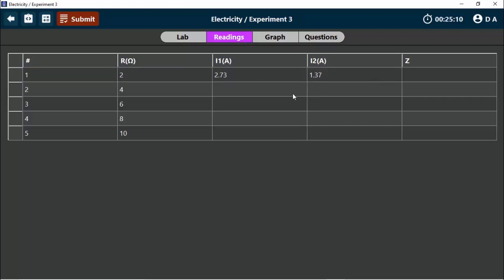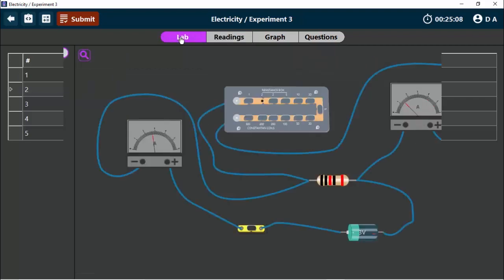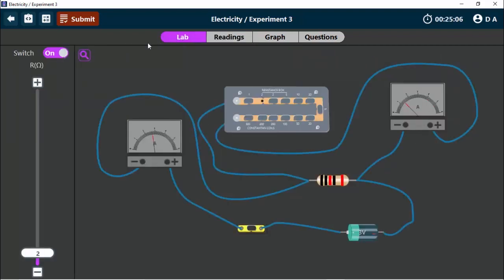Okay, so let's move on to the second. Let's change the value of R. To do that, don't forget you should switch off the circuit, that is, remove the plug, and adjust the value of the resistance box to 4, because that's the next value. Then you can switch on or insert the plug and take your new reading.